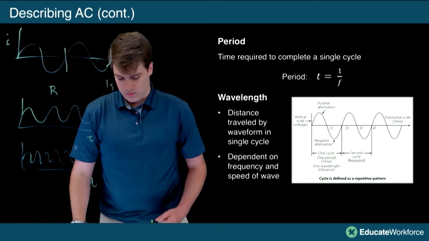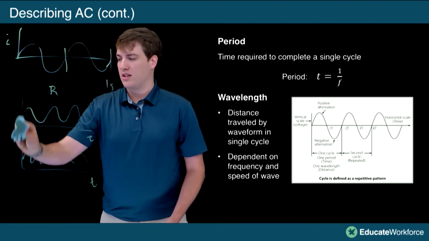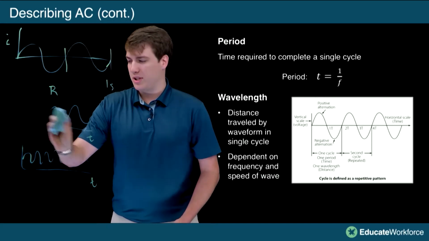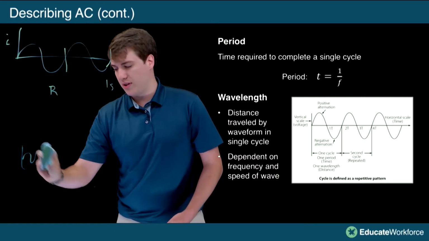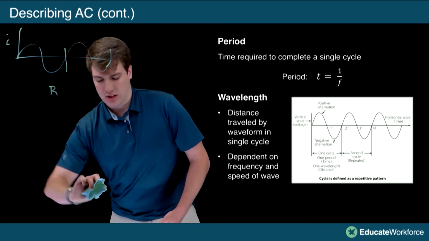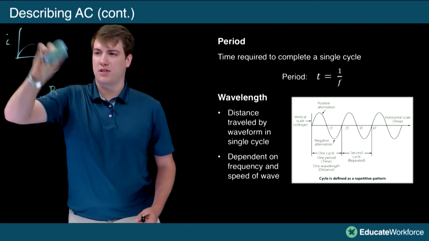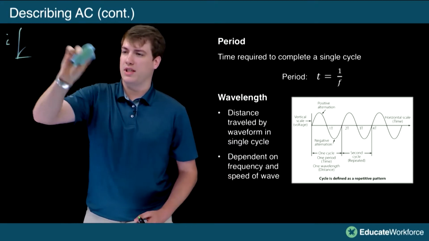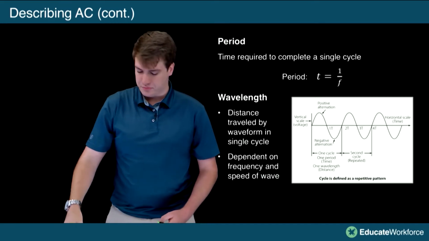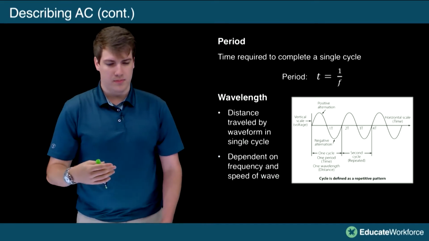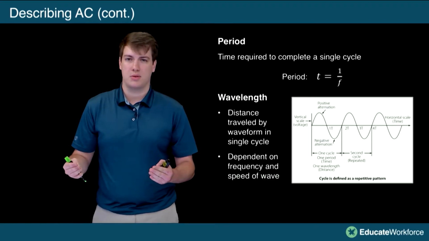But generally, when we're talking about circuits, we're not going to be worried about this because we're going to assume pretty much everything's moving as fast as an electron can move through our components. So this graphic here on the bottom right kind of shows a little bit about frequency, wavelength, cycle. Kind of does a little summation of all of them. We can see our 1 cycle per second, or time period, our wavelength, distance covered by 1 cycle.